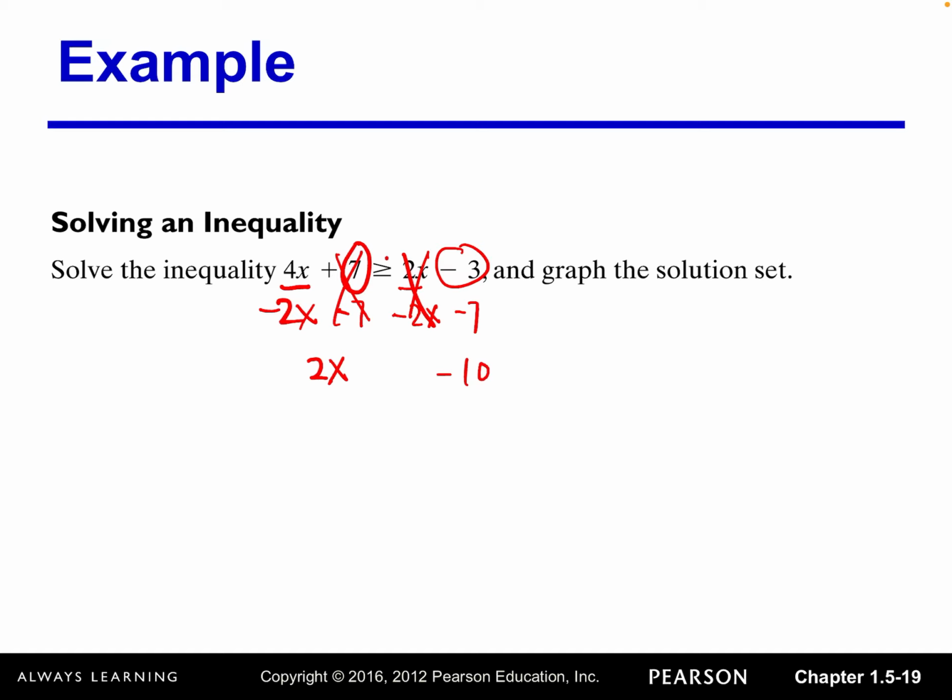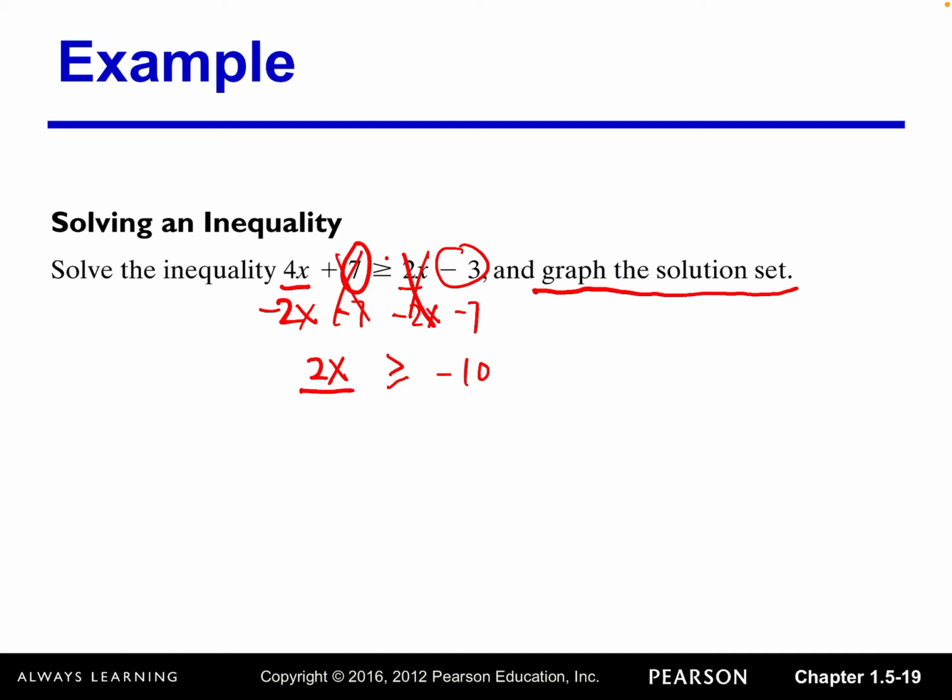We simplify both sides of the inequality first, and then determine whether the symbol should remain the same or we need to flip it. We just added or subtracted on both sides of the inequality. It doesn't matter positive or negative, by the addition property for inequality the symbol should remain the same, so we still keep greater than or equal to.